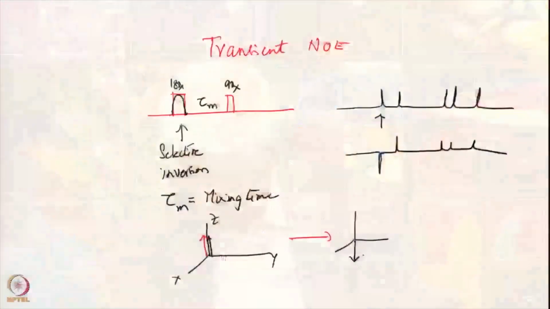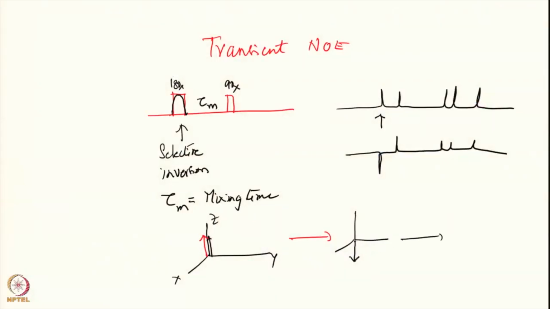This perturbation has to recover back to equilibrium. The system will have to recover back to equilibrium. What it will do? It will relay this perturbation to some other spins which are close by in space. So as it recovers like this, it will relay this magnetization to some other spins. Okay.